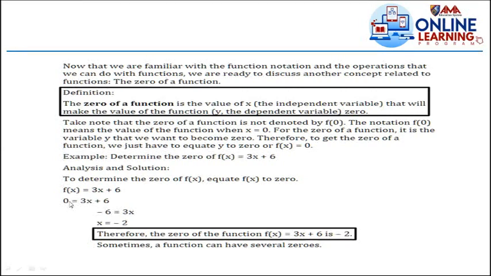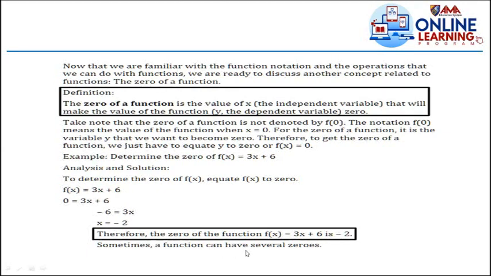Pag in-equate natin ito ng 0, what's left will be 3x plus 6. So ito itatranspose natin kaya naging negative 6 is equal to 3x. So therefore, x is equal to negative 2. Okay? Therefore, the zero of the function f of x is equal to 3x plus 6 is negative 2.